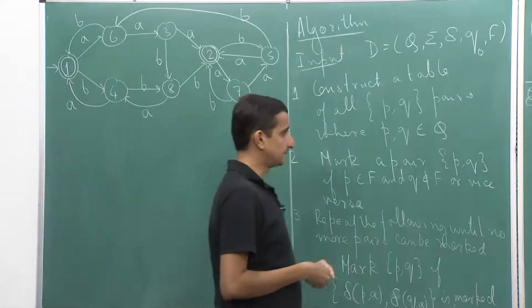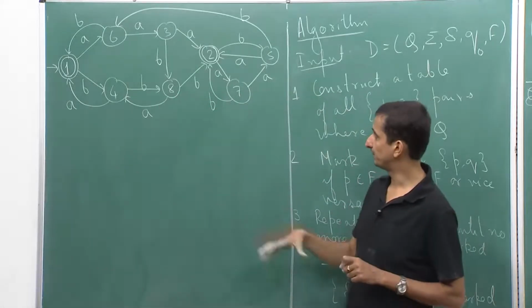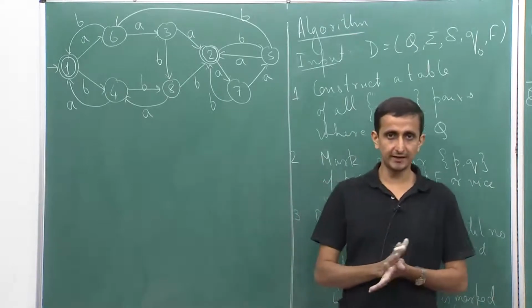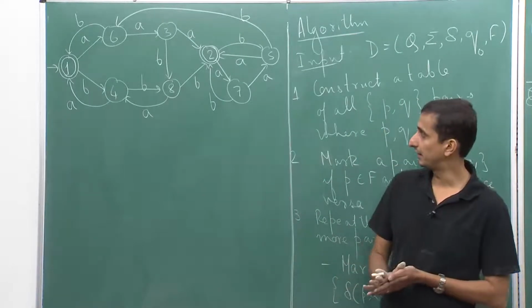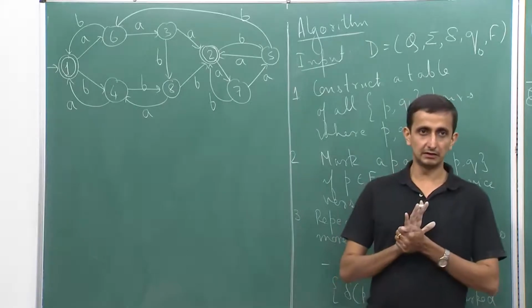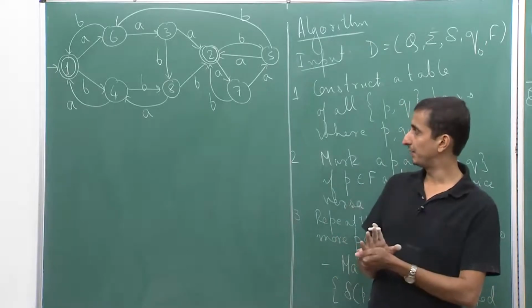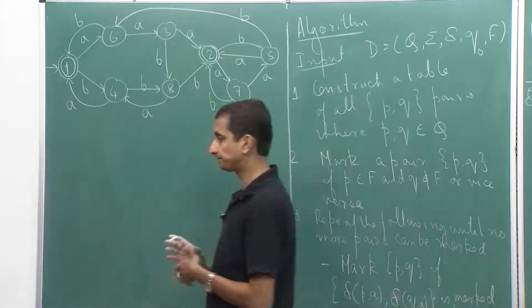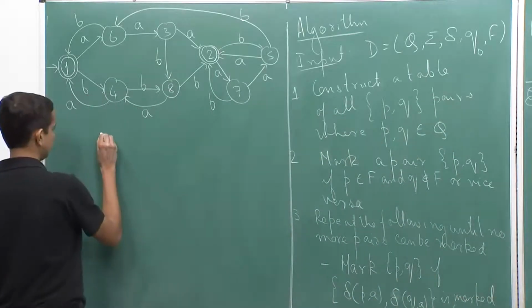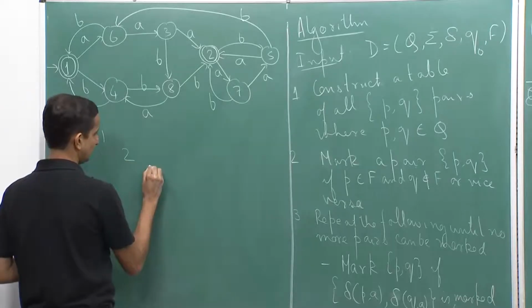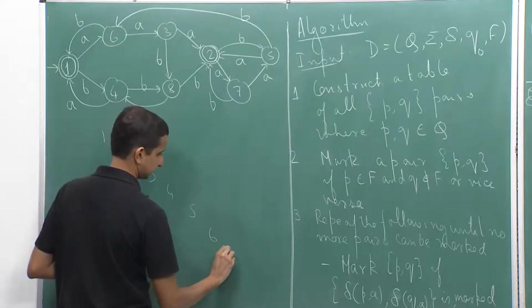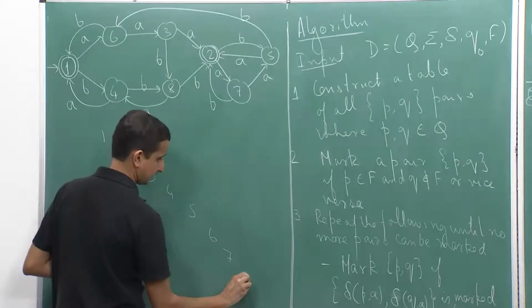Okay. So, this is a slightly more complicated example. It has 8 states, but the algorithm is the same. So, let us try to construct a table, and we will mark the pairs of the table according to our algorithm. Okay. So, we have 1, 2, 3, 4, 5, 6, 7 and 8.